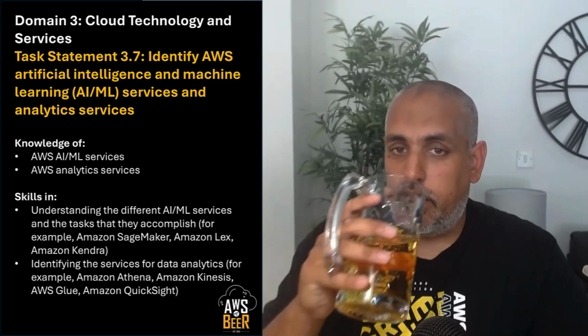Amazon Lex is suited for developing those conversational interfaces, and Amazon Kendra is perfect for search solutions. Similarly, in the realm of analytics, selecting the right tools is vital. Amazon Athena is your go-to for querying large datasets stored in S3. Amazon Kinesis is essential for real-time data streaming and processing, and AWS Glue is best for data preparation and ETL tasks, and Amazon QuickSight excels in data visualization.